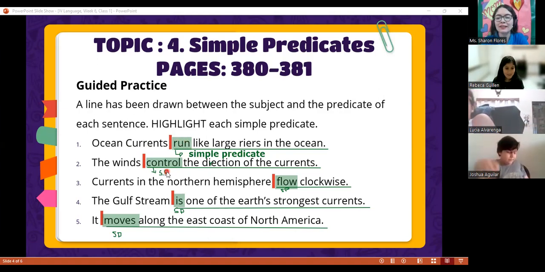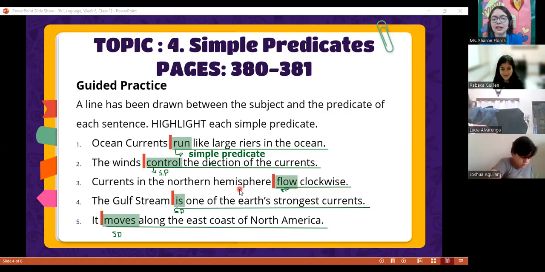The verb is not going to be at the end, Rebecca, that is a good question. Yes, it can be at the end of the sentence, but as you see here, all the times, it's after the subject. There is a predicate, a simple predicate. You are not going to find it here at the end. It's the first word. In most cases, the first word in the predicate is the simple predicate because that is the verb, the action.